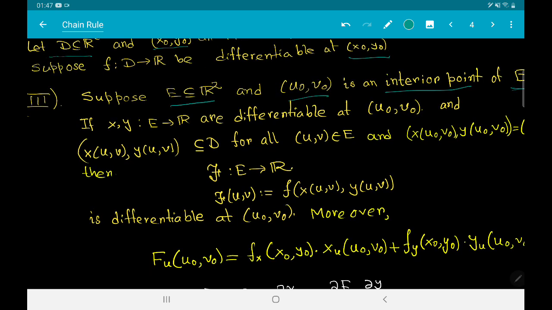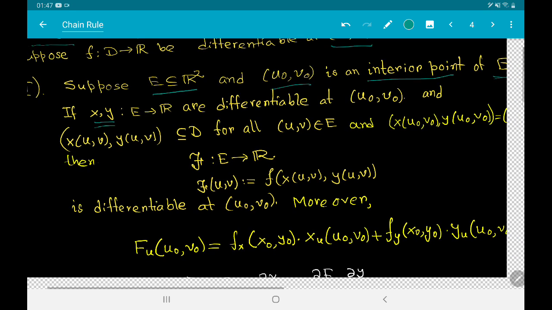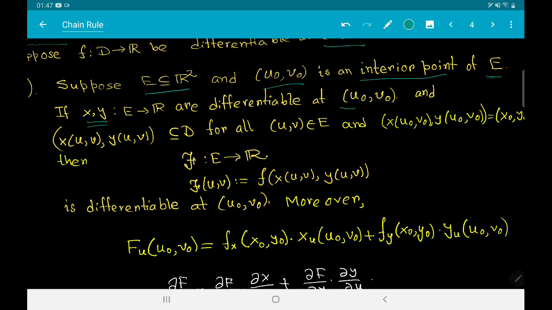You are right, we are going to talk about two such functions, x and y, like before. But of course note that these functions are no longer functions in one variable, but functions in two variables, because E is a subset of R2. So these functions are differentiable at the point (u0, v0).